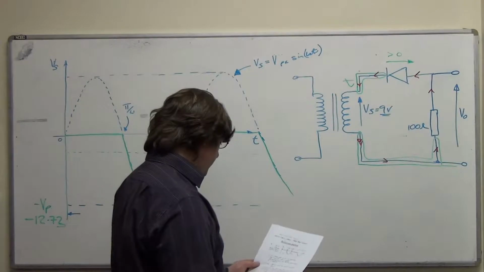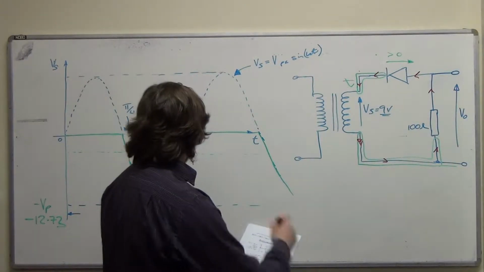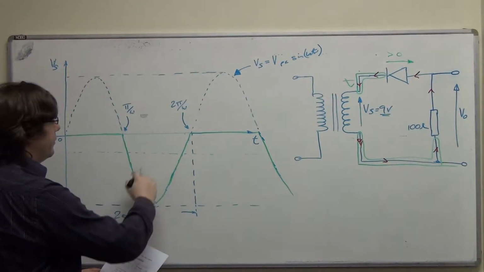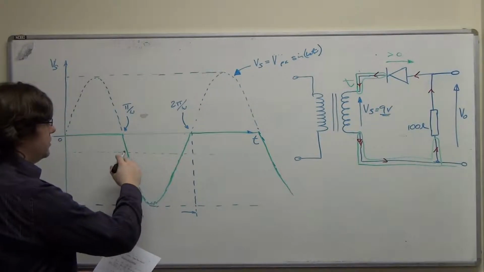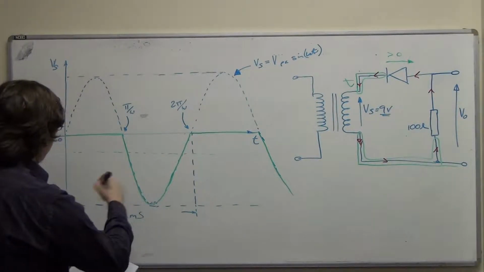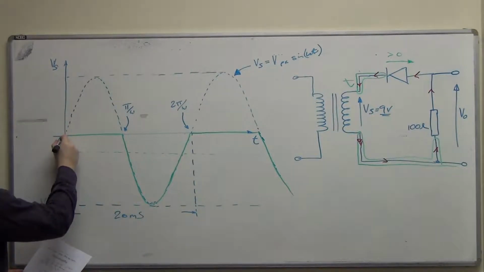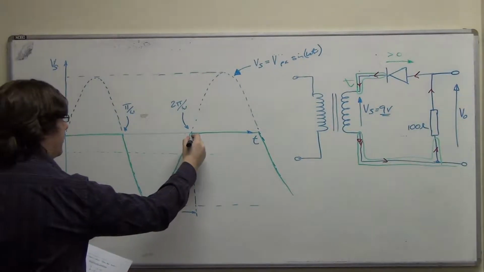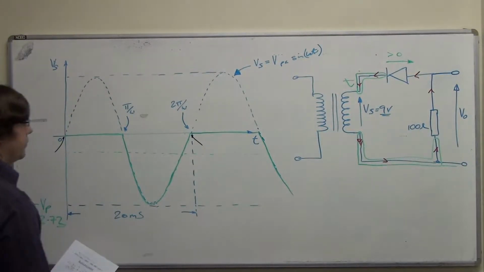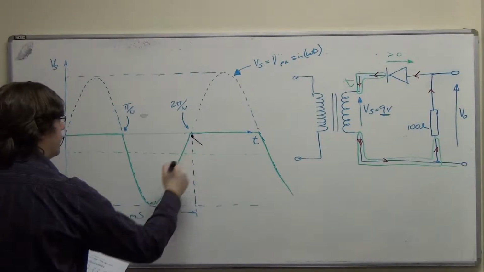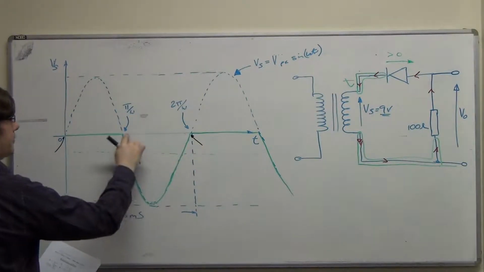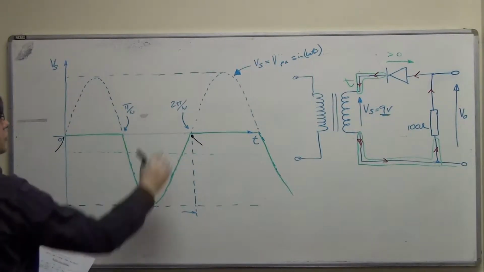So what we can say then is, well, we need to know what the area under here is, and then we need to divide it by the period. Now, the period is from there to there, but we only have to do the integration across this bit between pi upon omega and 2 pi upon omega.